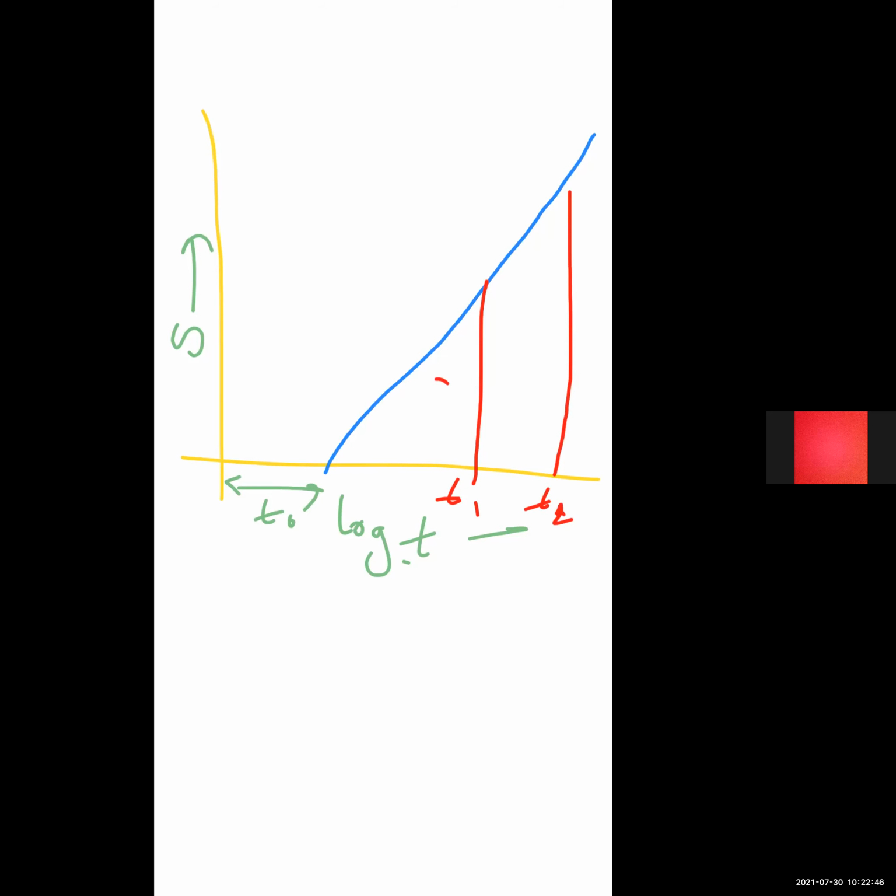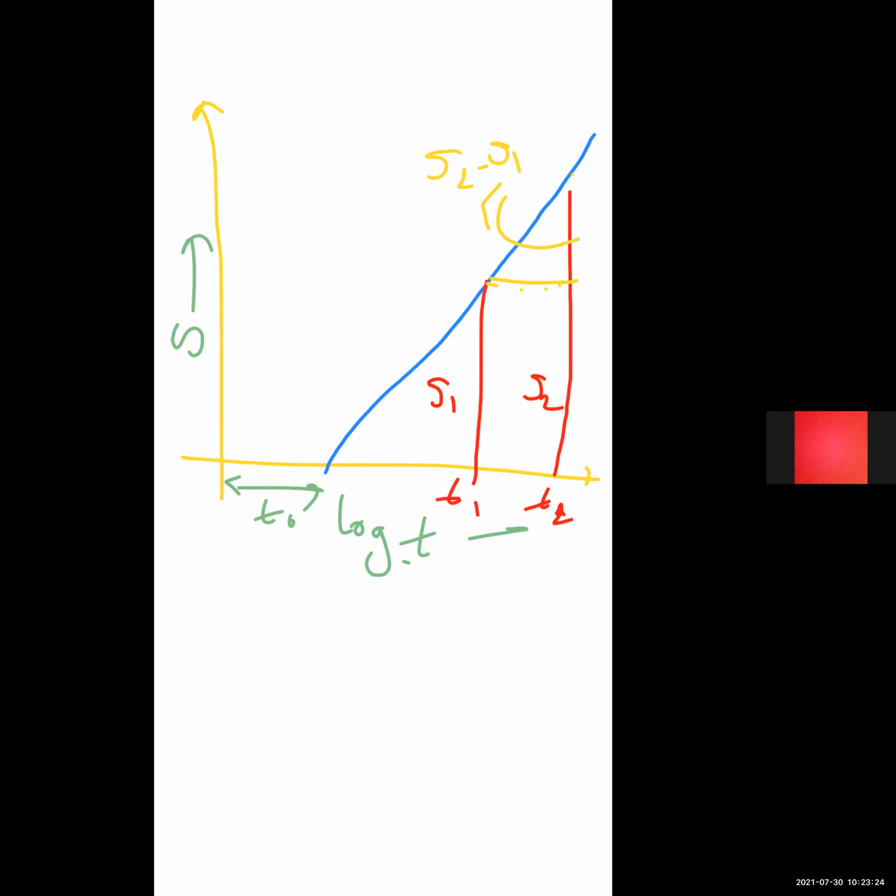This value is s1, this value is s2, and this length is s2 minus s1. The straight line can be produced so as to cut the x-axis at point P, as shown in the graph. So t at P is represented by t naught.